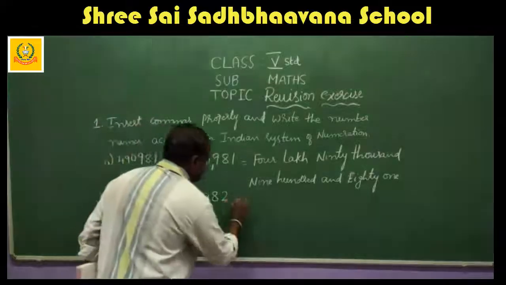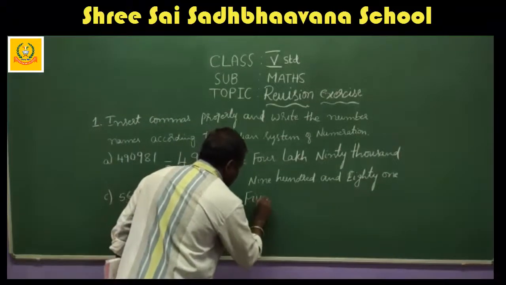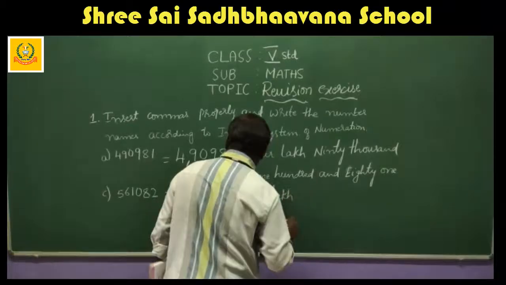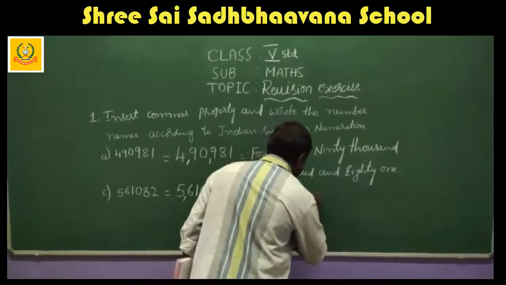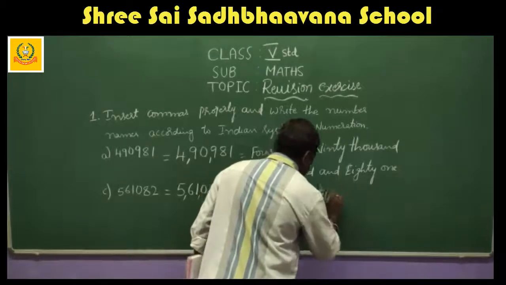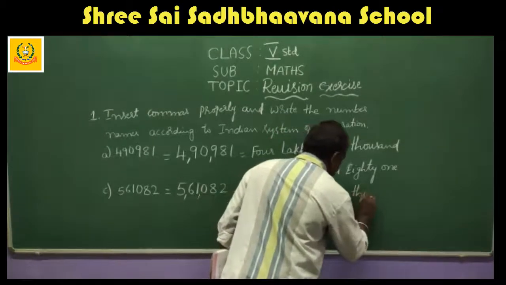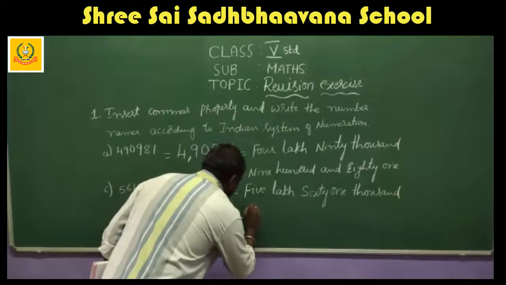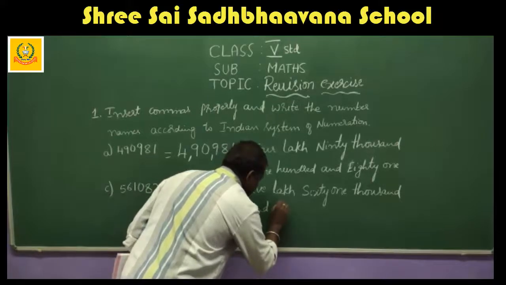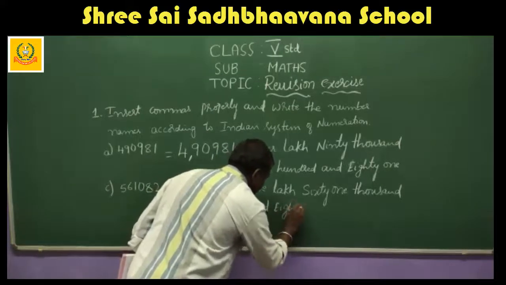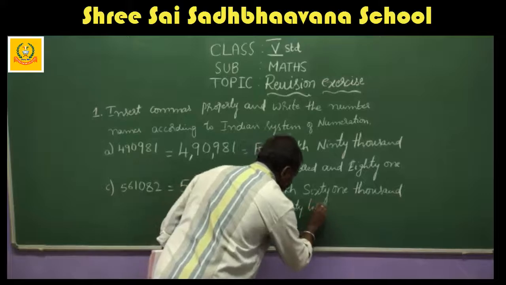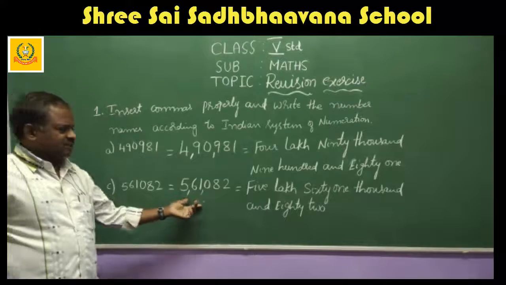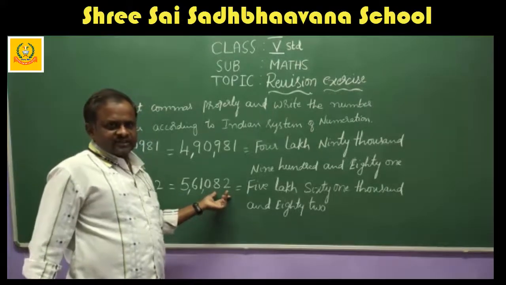So how will you write it? 5,61,000 and 82. So this is how we will read 5,61,082.